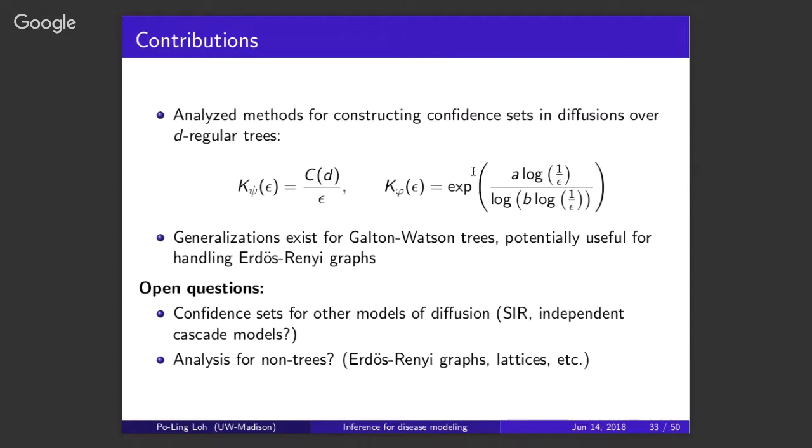However, because our analysis depends so critically on this Polya urn stuff, and the Polya urn analysis is really this discrete probability theory saying, well, does a new node join one branch or the other, it doesn't quite carry over to any other type of infection process that one might want to look at. Some other infection processes that people study are independent cascade models or SIR models, and we don't have any theory for that.